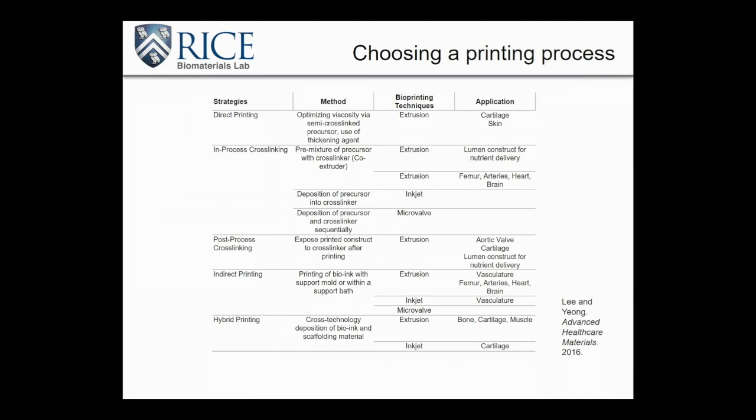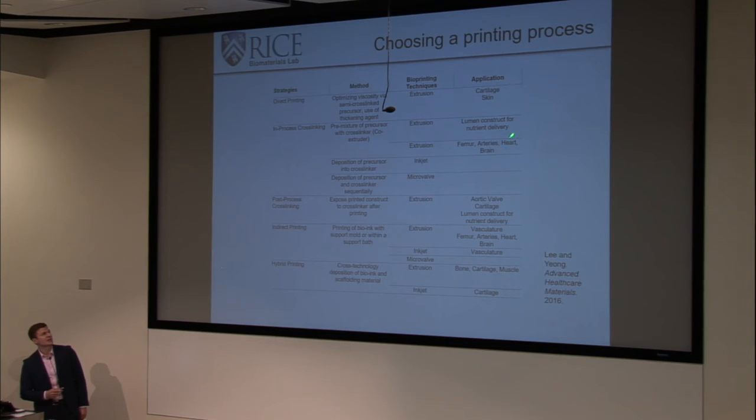And you can find a wealth of literature in different tissue types or tissue applications depending on which printing process you're looking at. So this provides kind of a nice summary of what people have already done and how, which printing process they've decided is useful for which tissue.